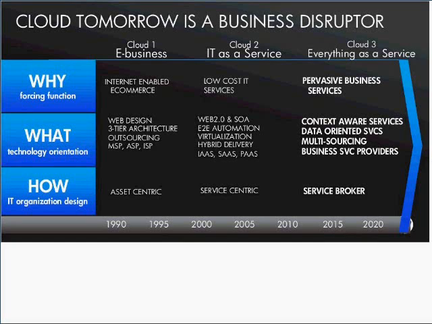I do appreciate your attendance. I hope you found some nugget that you could take away from this. It's a different way of looking at cloud. It's looking at cloud from more of an IT organization and business engagement perspective than looking at cloud as an IT destination or an IT utility.